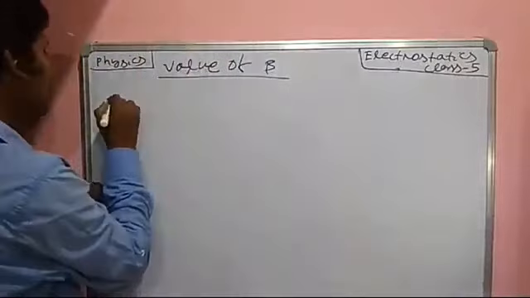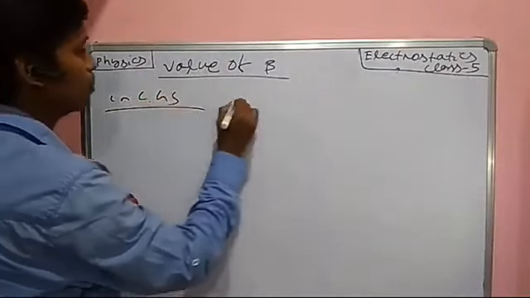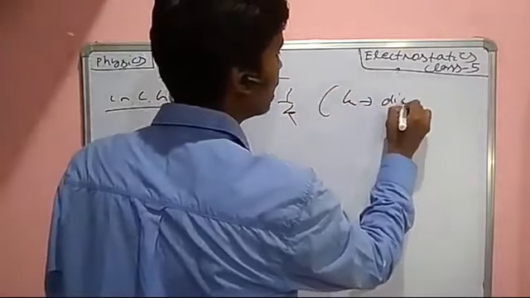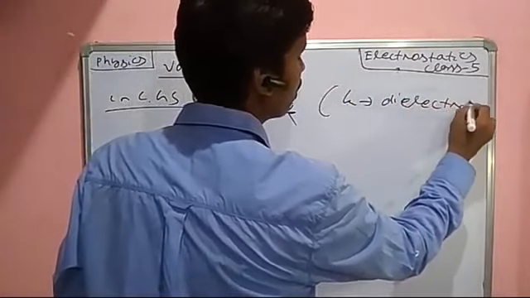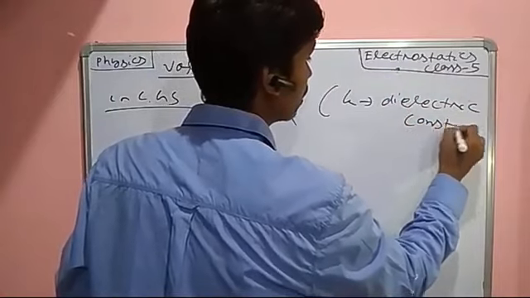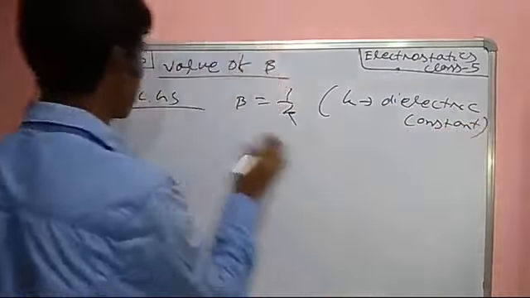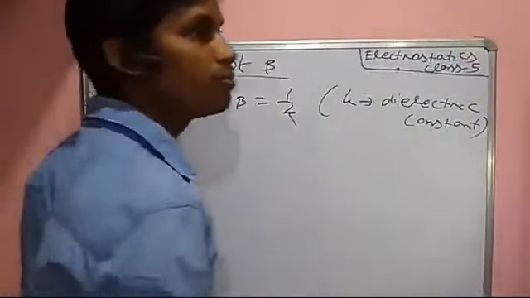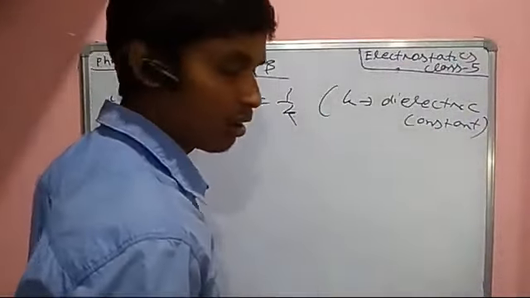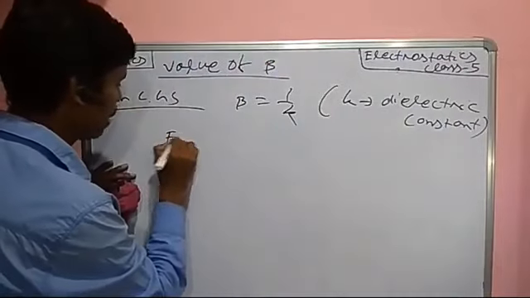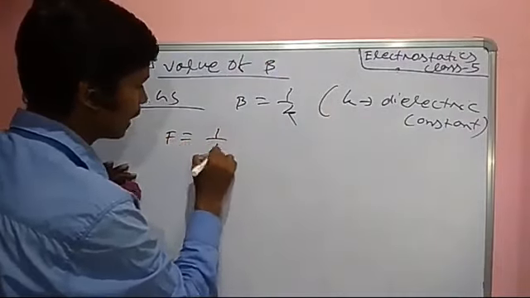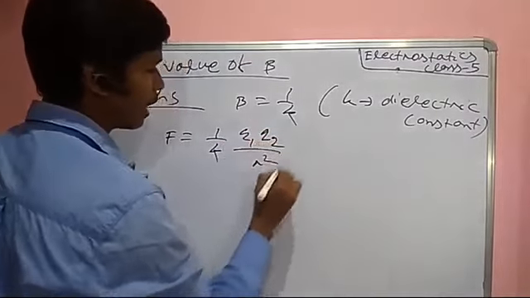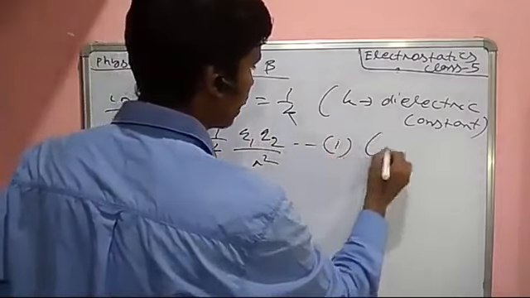The value of beta in CGS is 1 by K. K is the dielectric constant. And what is the dielectric constant? Now we have to discuss F. F is equal to 1 by K q1 q2 by r square, that is the equation 1 at any medium.